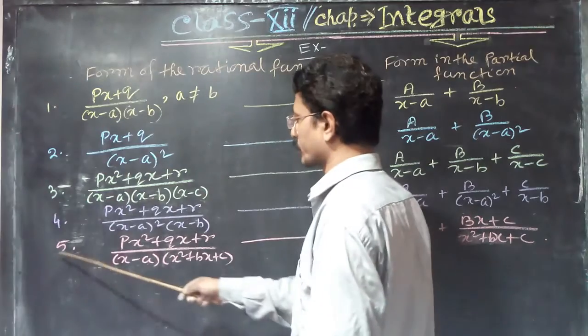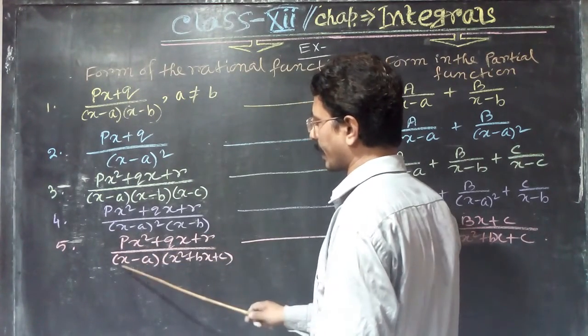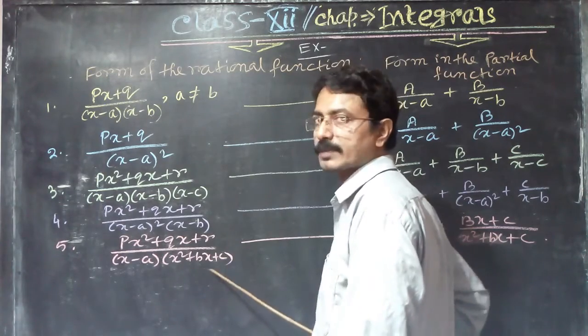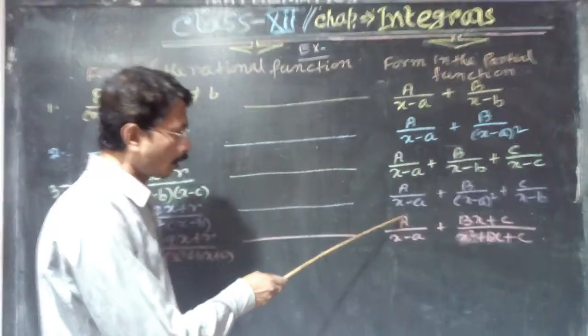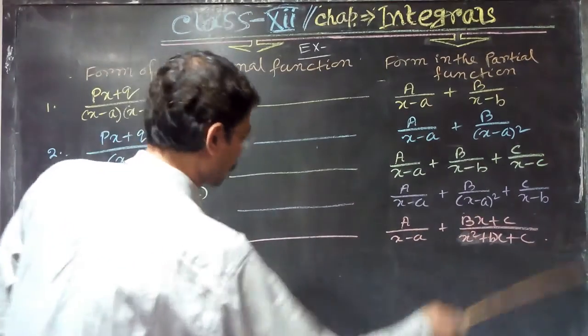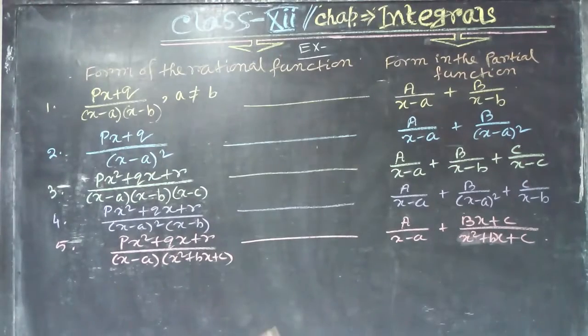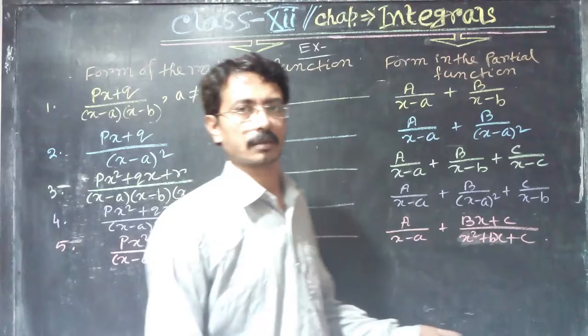And at last, if you see that it is given in the form px square plus qx plus r by x minus a into x square plus bx plus c, then you rewrite this in the form a by x minus a plus bx plus c by x square plus bx plus c, where x square plus bx plus c cannot be factorized further.